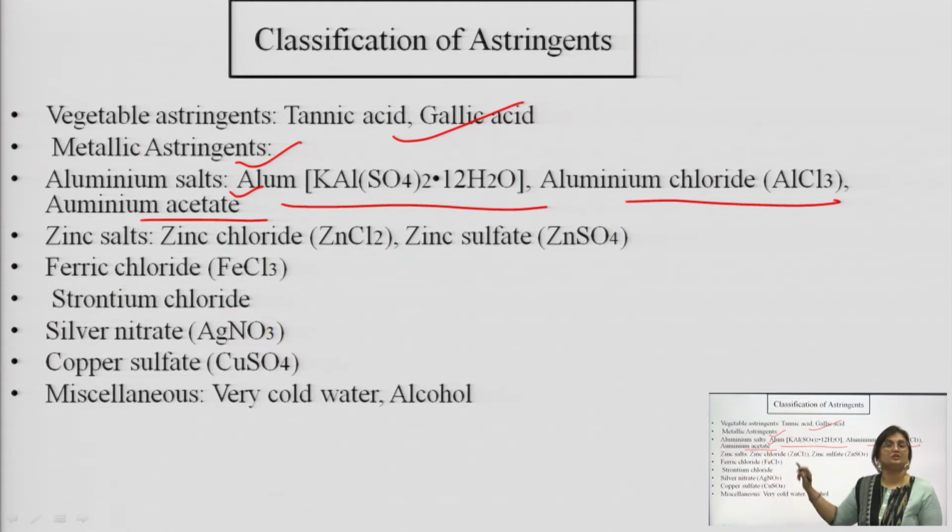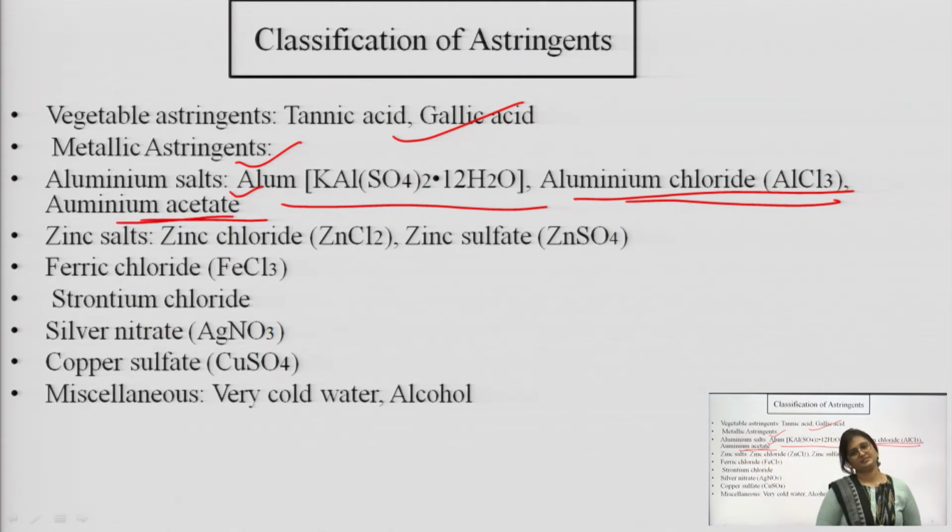First example, aluminium salt. Aluminium salt occurs in the form of alum. It also occurs in the form of aluminium chloride. It also occurs in the form of aluminium acetate. Apart from this, chemical astringents or metallic astringents are available as zinc salts.